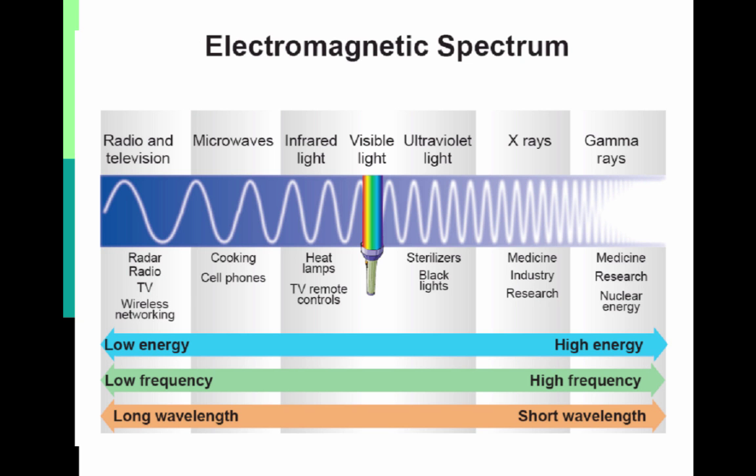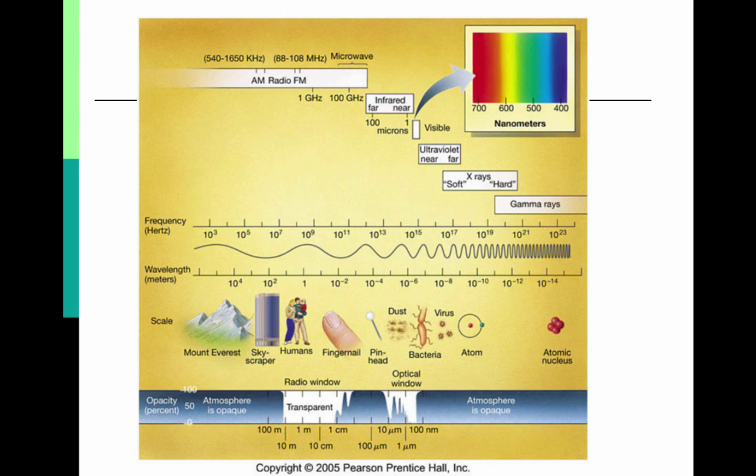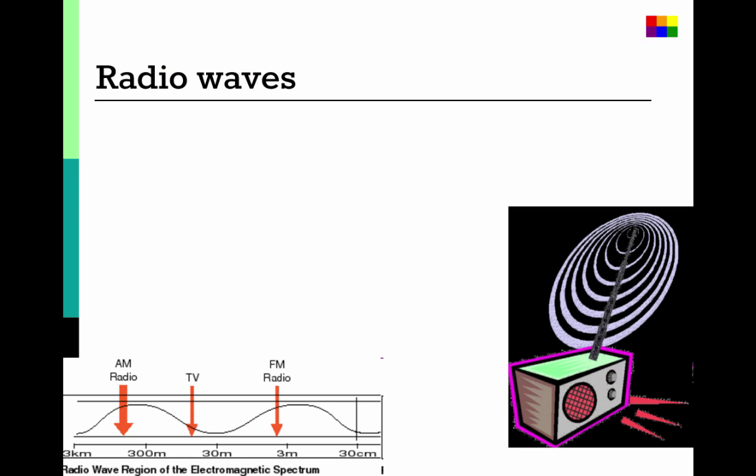This is a diagram, and again, you'll be given a copy of this that just gives you some examples and describes the energy, frequency, and wavelength. Again, another diagram in much more detail about how big each one of these things is and how far it can go.